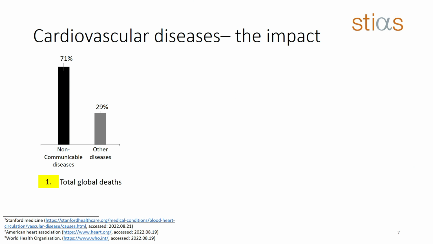Non-communicable diseases, of which cardiovascular disease is one, kill 71% of people every single year. All the other diseases combined will only translate to 29% of deaths, according to figures from the World Health Organization, the American Heart Foundation, and most scholars.